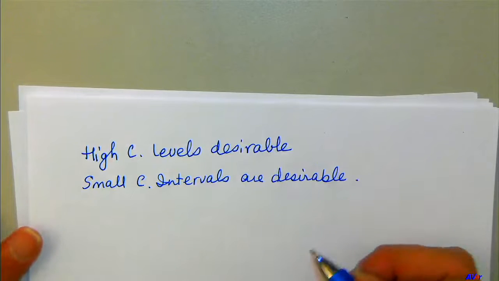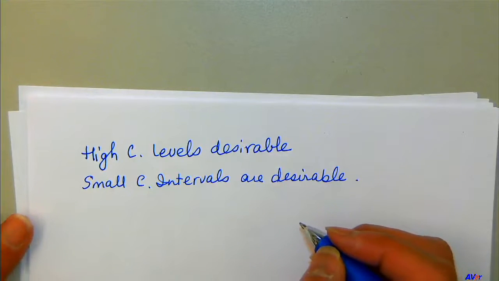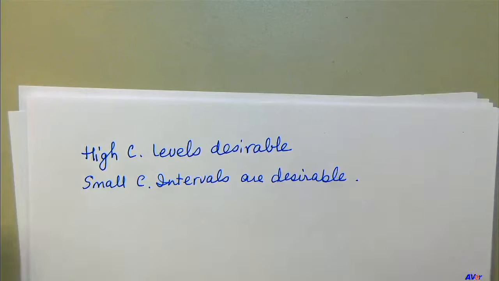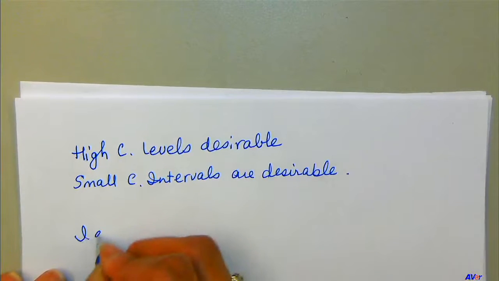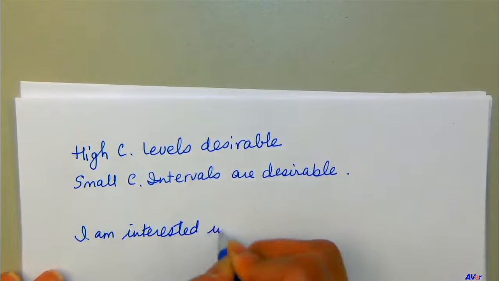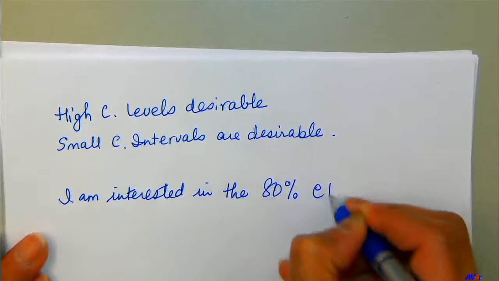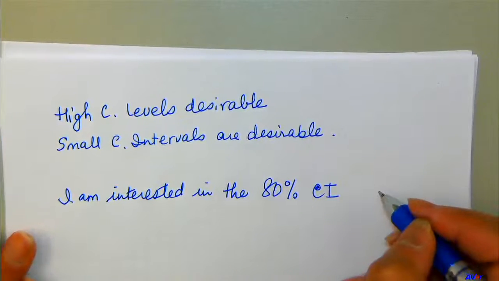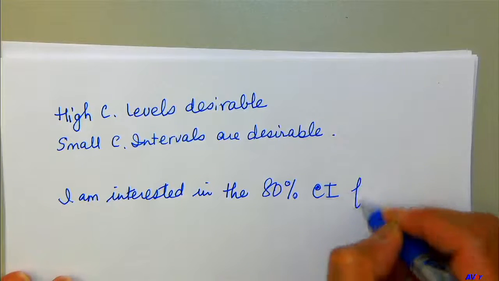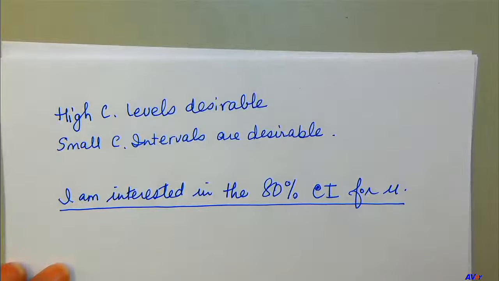Without further ado, let me give you the formula for confidence intervals. Let's say that I am interested in the 80% CI. CI stands for confidence interval for mu. I'm interested in the 80% confidence interval for mu.